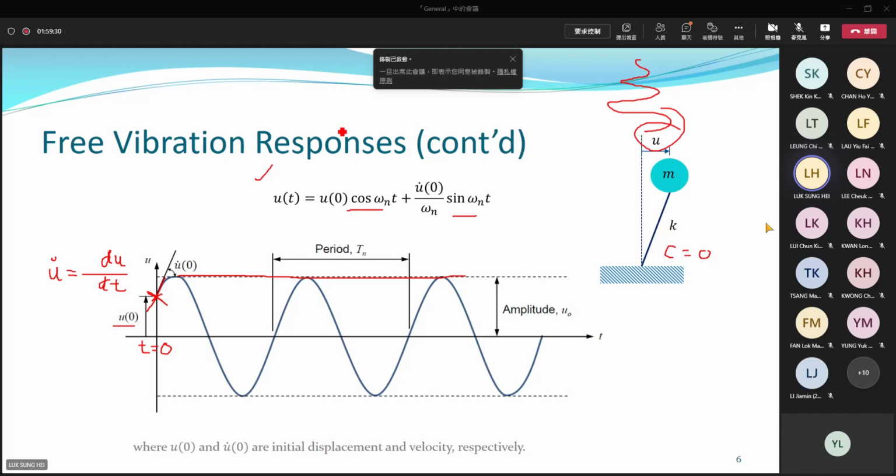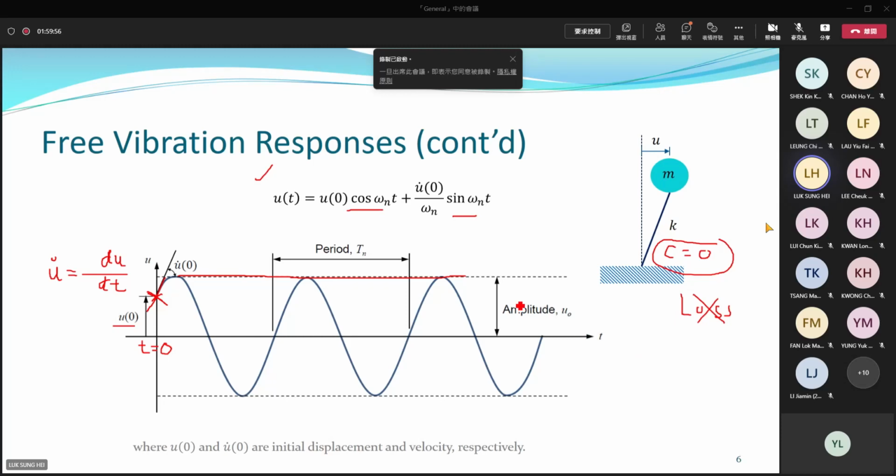But in this particular section, we consider a very ideal scenario. We assume that there is no damping. C equal to 0. If there is no damping, that means there is no energy loss. So for these idealized problems, KE can convert to PE, and convert back to KE perfectly without any loss.